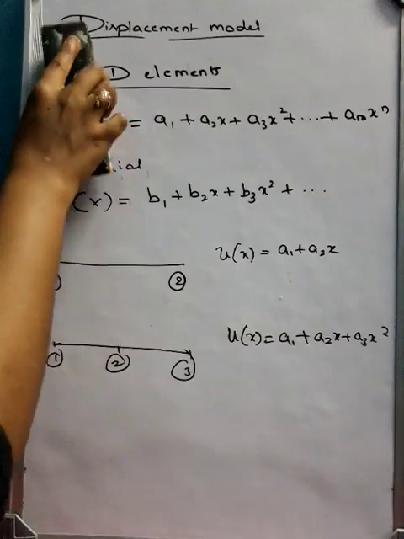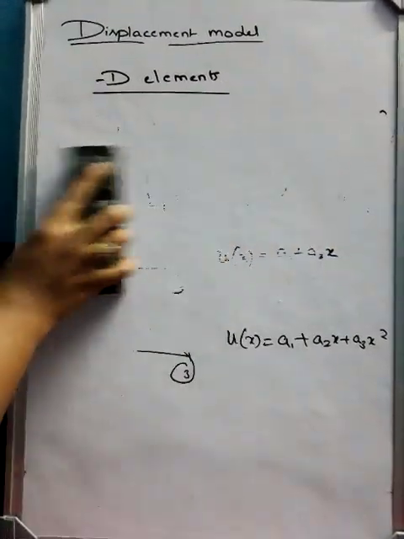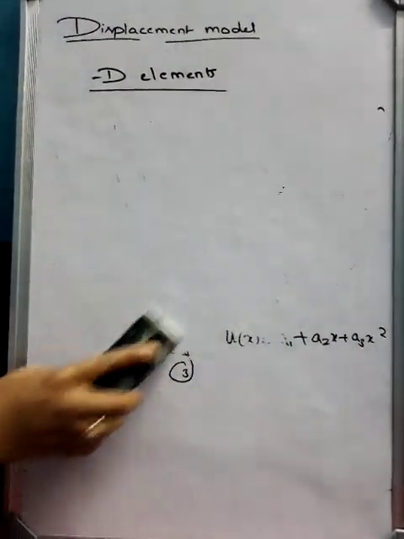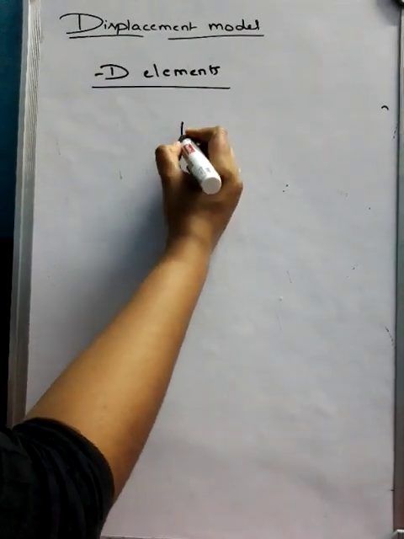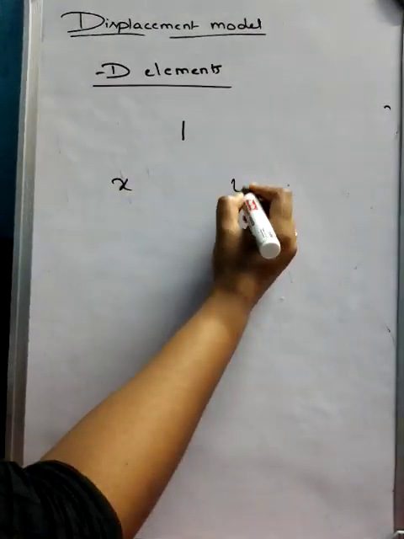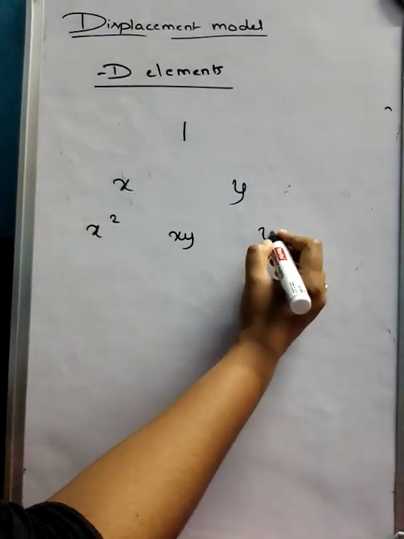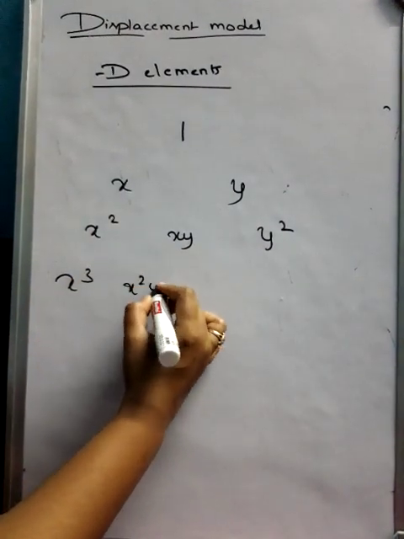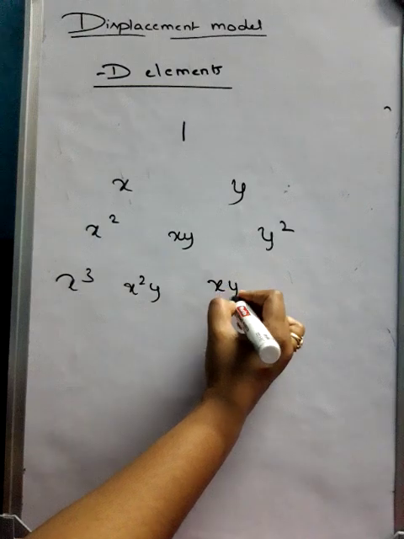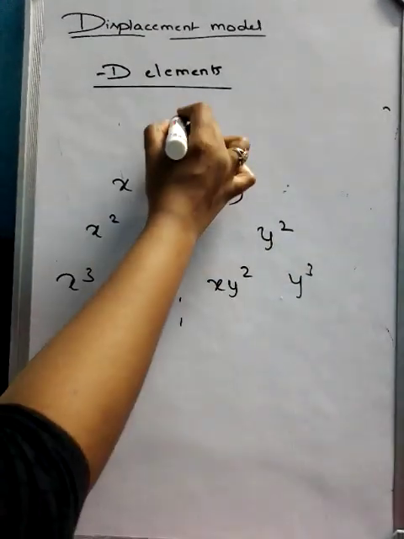Now, if you want to write a displacement model for a 2D element, basically we are going to use Pascal's triangle. I will just show you the Pascal's triangle here: 1; x, y; x square, xy, y square; x cube, x square y, xy square and y cube, and this is the axis of symmetry.